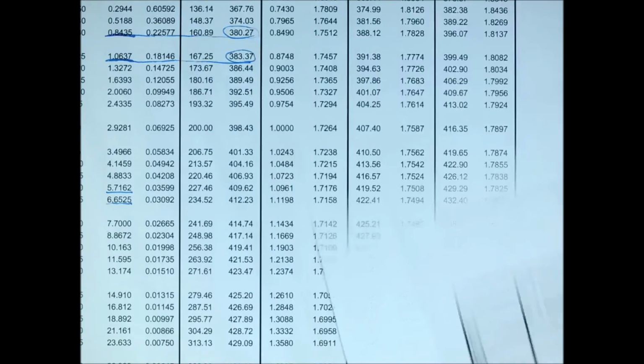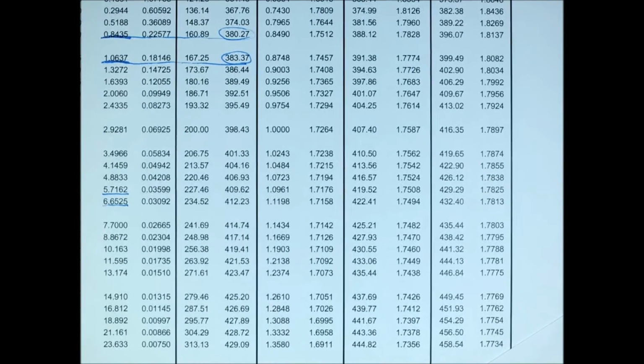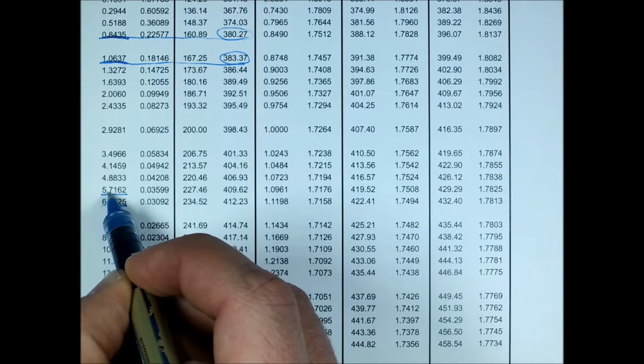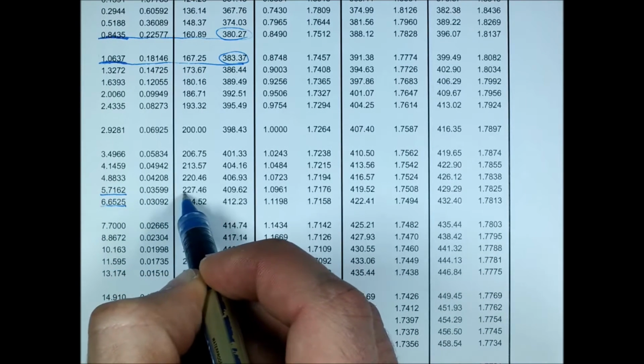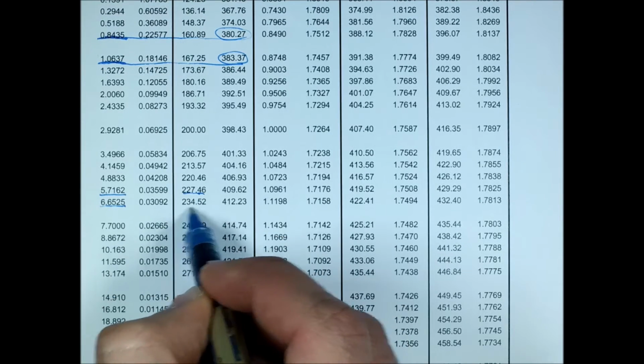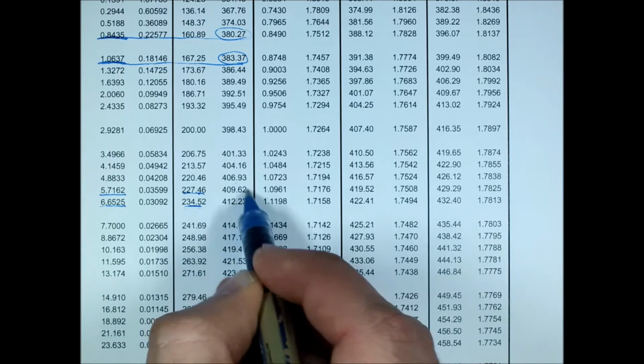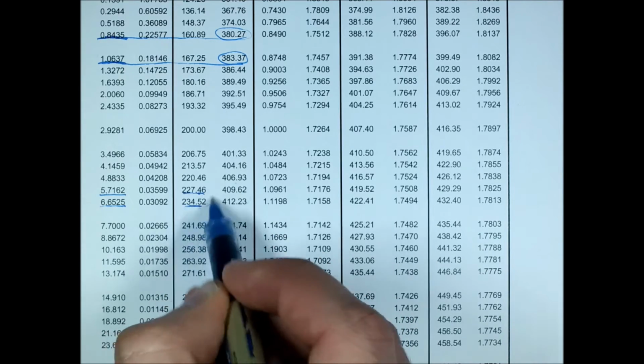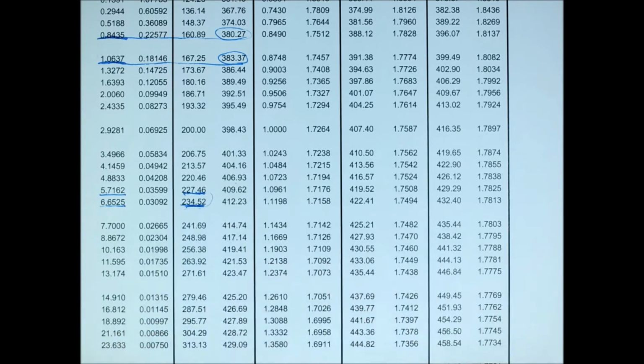Okay, so let's trace them to HF. This time we're dealing with liquids, so we're not looking at this column, we're looking at this column. HF.